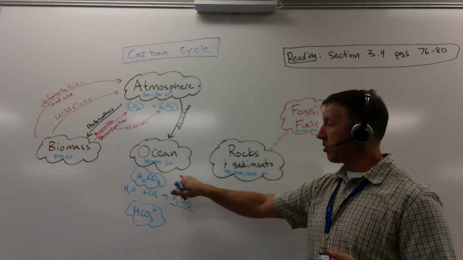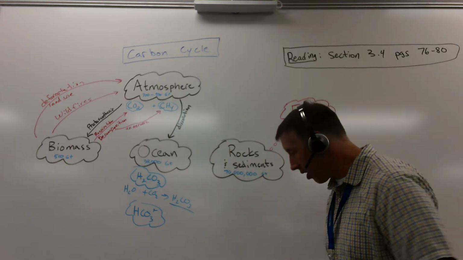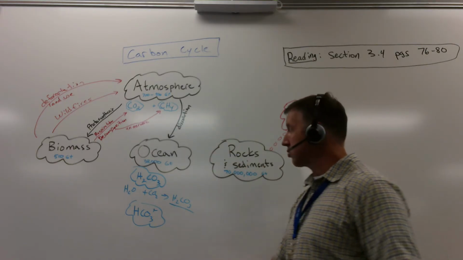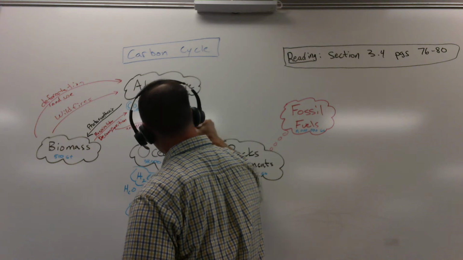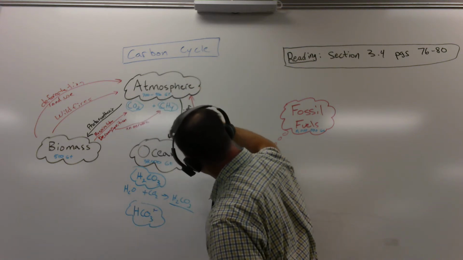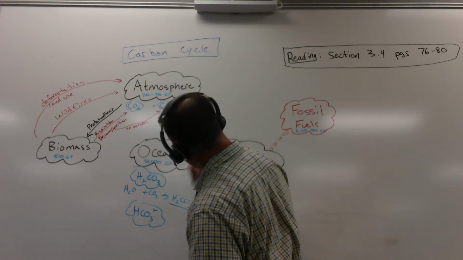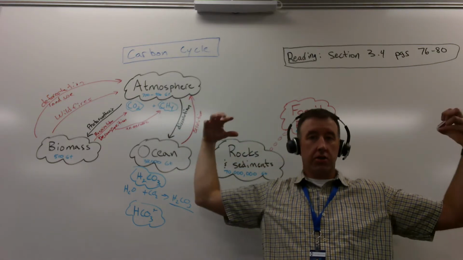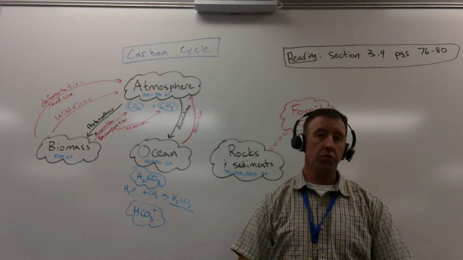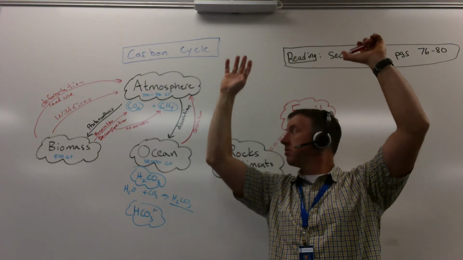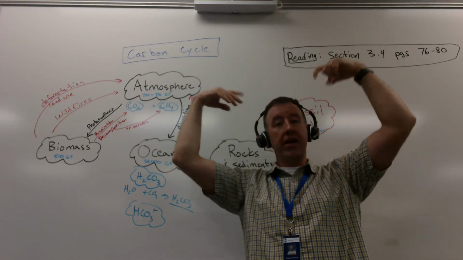Those are some forms. We have the dissolution, and now we have the reverse of that dissolution process, which puts carbon right back to the atmosphere as exsolution. Just like carbon dioxide can dissolve into water, the water can also put the carbon dioxide back into the atmosphere through that process called exsolution.